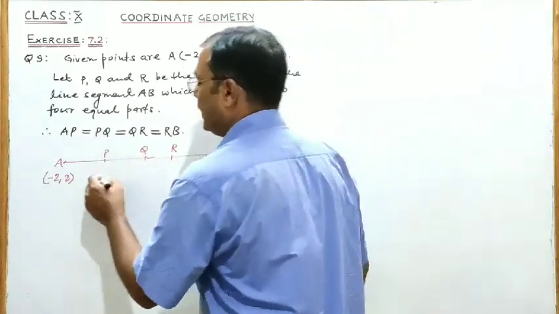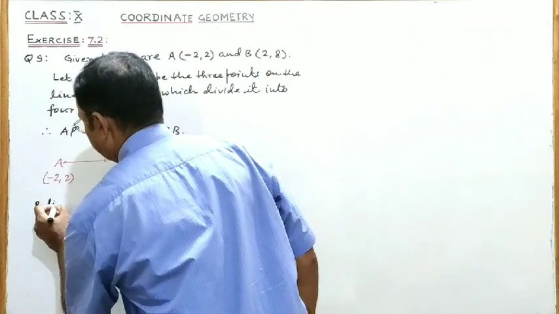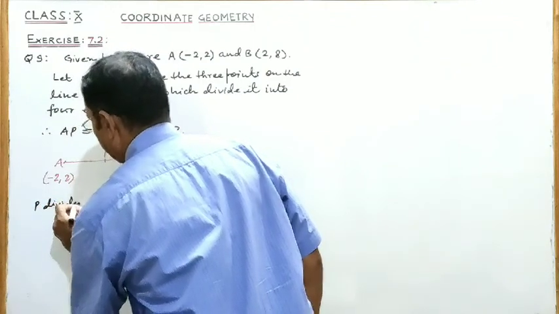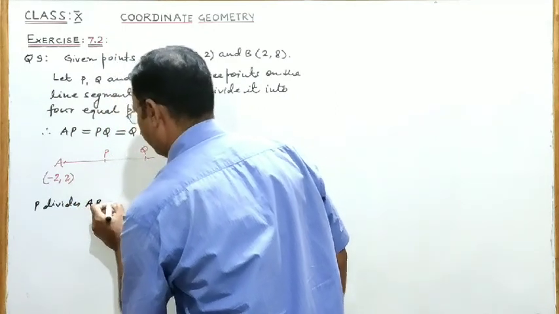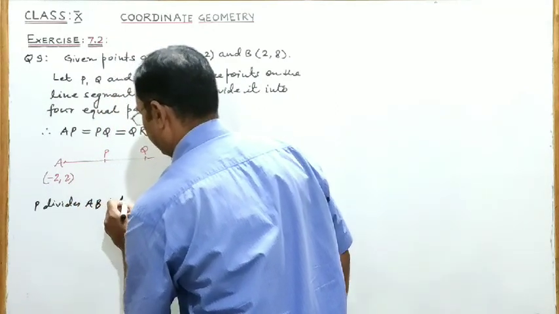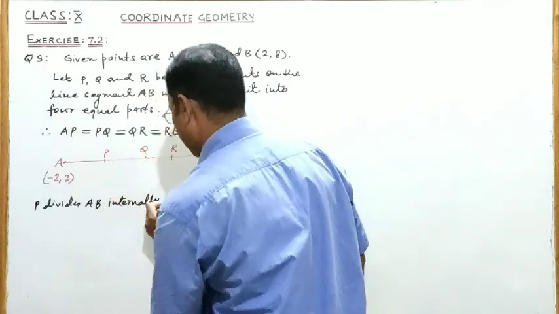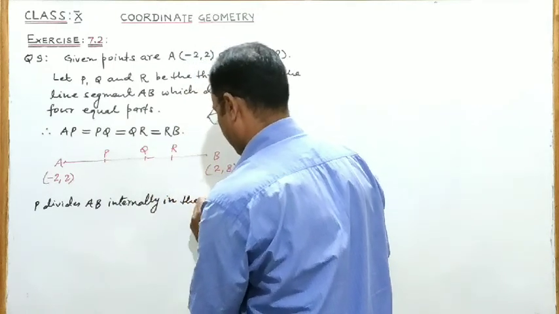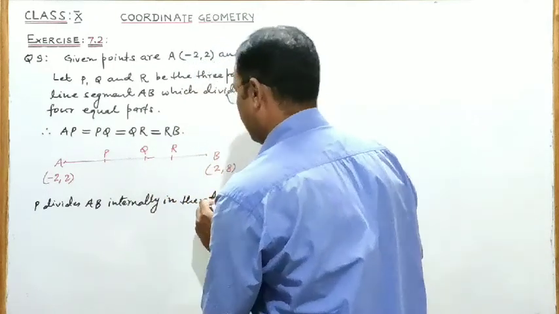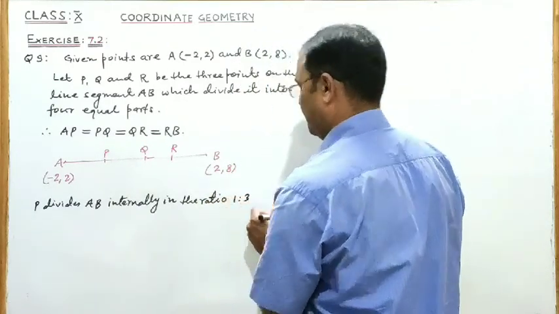So point P divides AB internally in the ratio 1:3.